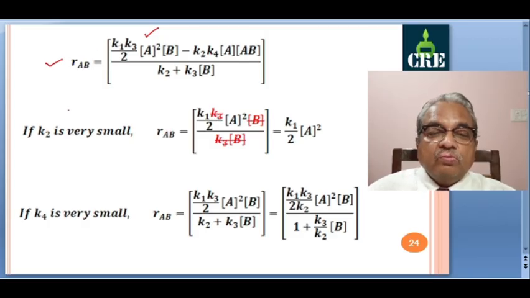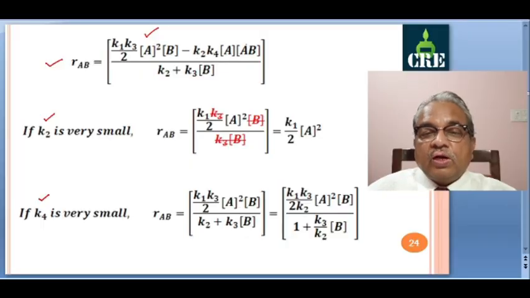Now we have to introduce some conditions regarding the values of K2 and K4. These are reversible reactions, reversible rate constant K2, for the second reversible reaction it is K4. If K2 is very small, this term cancels out, and this term also cancels out. A very small value multiplied by whatever we have here will be negligible as compared to this, because K1 and K3 are large.